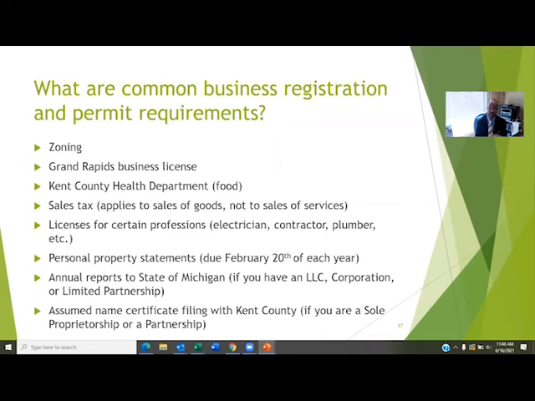Some businesses require an actual business license by the city. You see this commonly with street vendors, for instance. They're required to be licensed by the city. Snowplow drivers, if you want to operate a snow plowing service, you actually have to be registered with the city to do so.